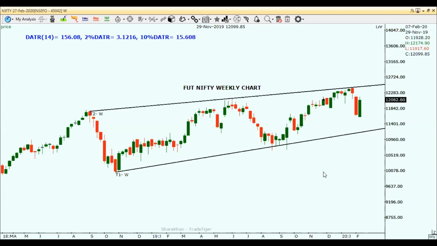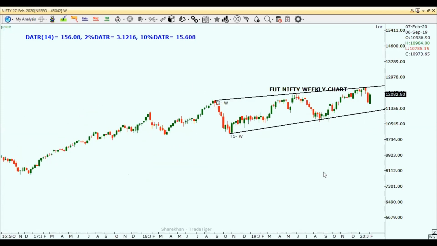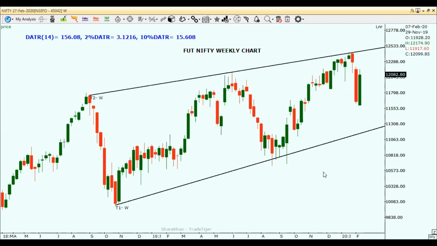So you can see here the price is moving on the upside with some kind of a range. This is the trend channel, the uptrend channel. The price is moving in the uptrend channel.